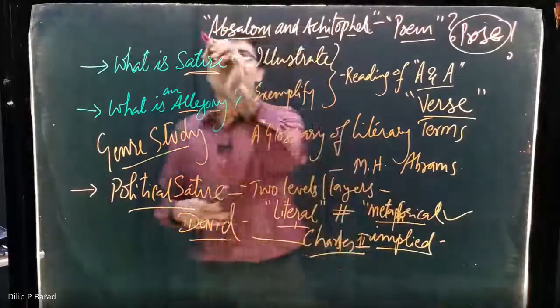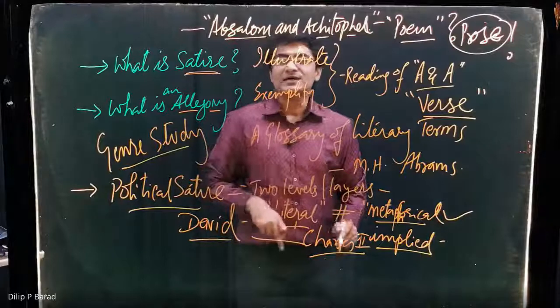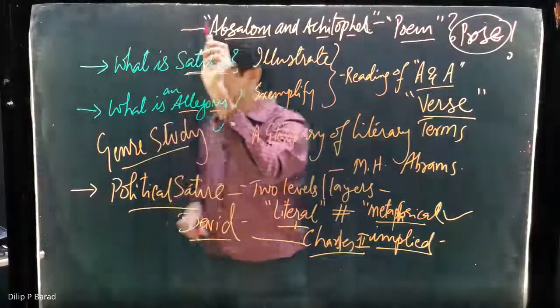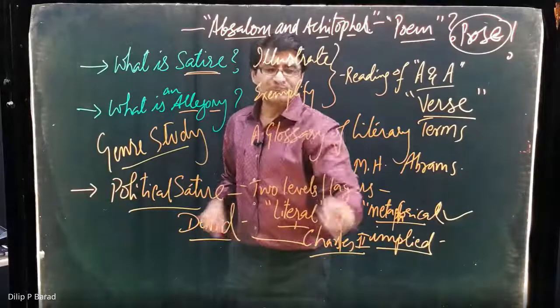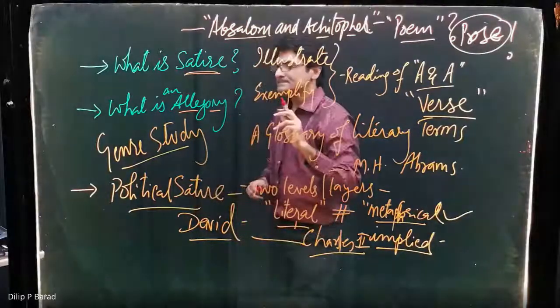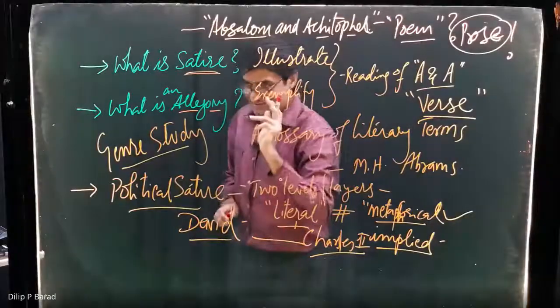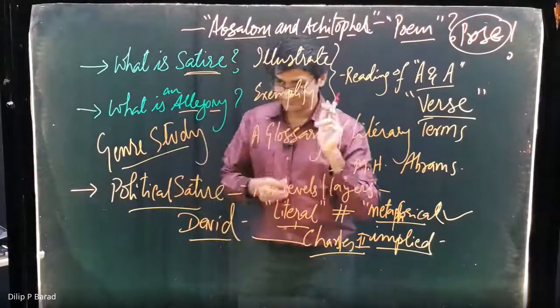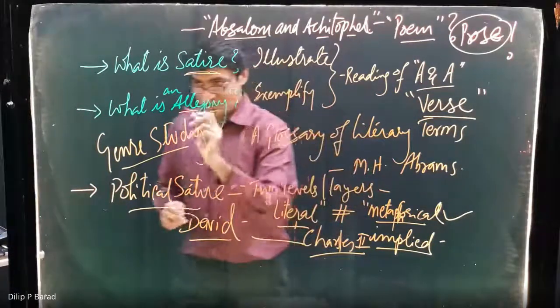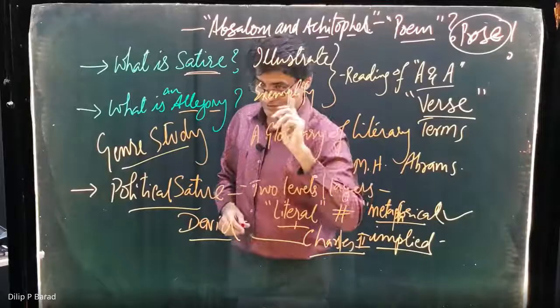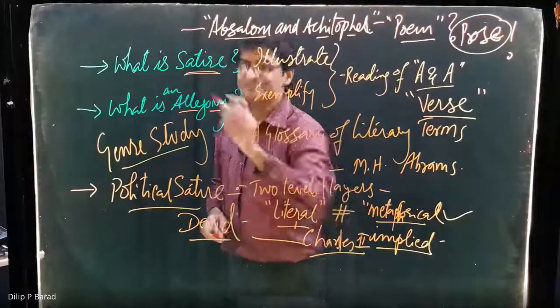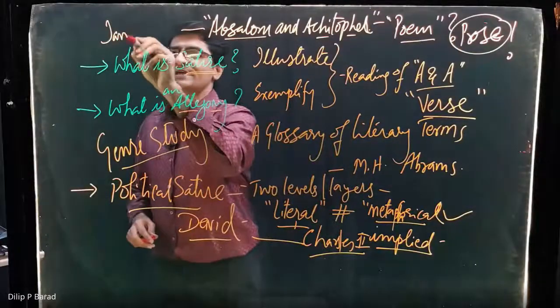So when I say Absalom, it is not Absalom. Who is implied in Absalom? Yes, James Scott. Yeah, James Scott.